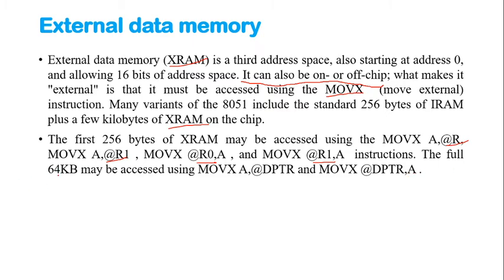The full 64 KB may be accessed using MOVX A, @DPTR. So that is a 16-bit address, and over here the data pointer is also a 16-bit address. So we can also move this type of instruction in the external data memory.